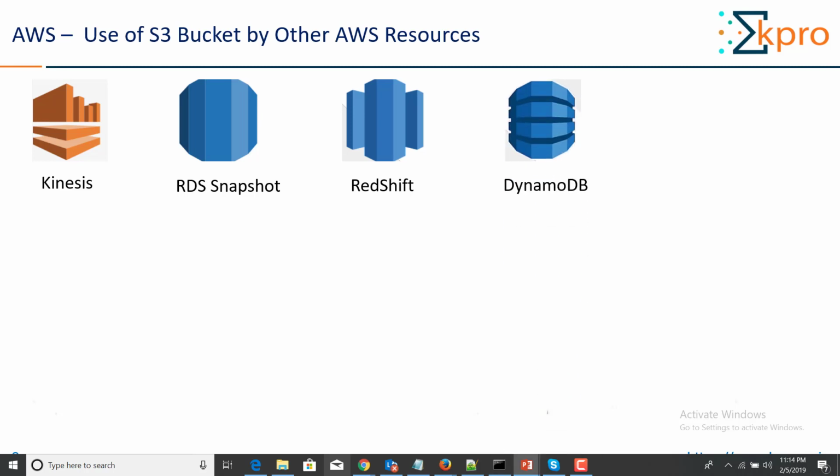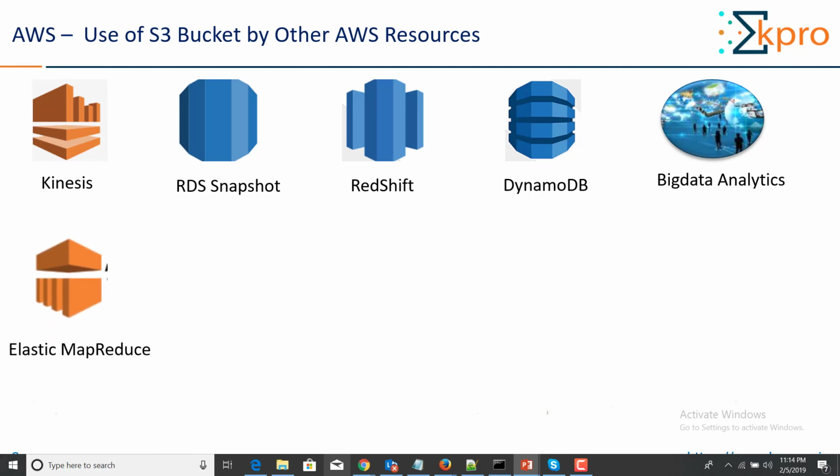DynamoDB, for putting your table, you can put it in an S3 bucket. Big data analytics, if you have raw data you want to dump into any storage area, you can put it on an S3 bucket. Elastic MapReduce, if you are using an EMR setup for the Hadoop infrastructure, and you want a staging area where you can upload your data, you can use an S3 bucket.